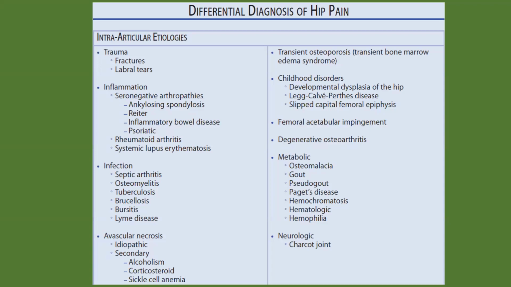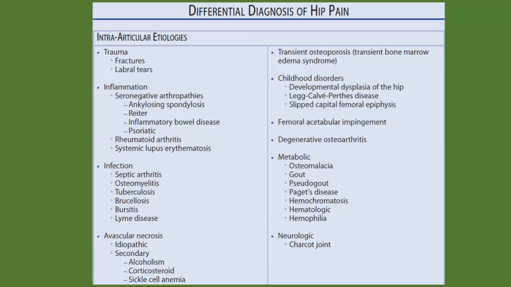What is the difference? If you look at the intra-articular etiology, it can be fractures, labral tears, seronegative arthropathies, rheumatoid arthritis, systemic lupus erythematosus, infections, avascular necrosis, childhood disorders such as slipped capital femoral epiphysis, femoroacetabular impingement, degenerative osteoarthritis, and metabolic conditions, which are well known and listed over here.